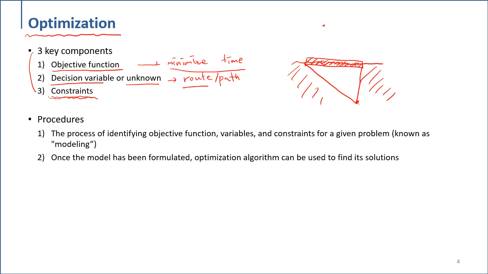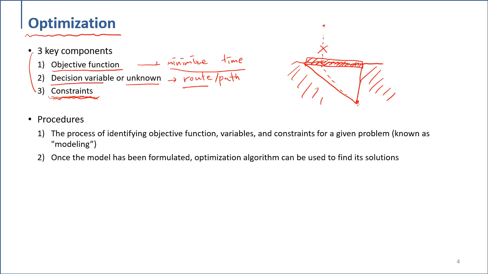We cannot select the route similar to the previous B route because we cannot go through this building. Instead, we need to select another way, and this creates a constraint.